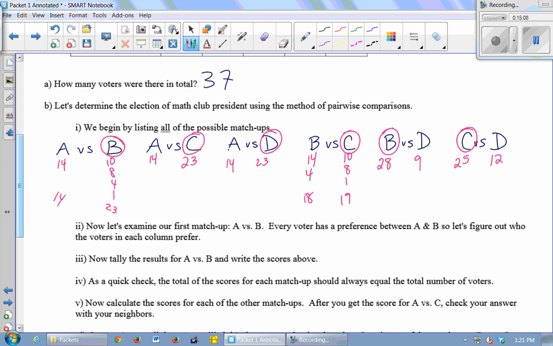And then to determine the winner of the election, it's just whoever won the most matchups. And if it's a tie, then you split the point. Like let's say B and D tied, let's just make it up, 10 to 10. Instead of giving 1 point to B or 1 point to D, you give half a point to each. So you would circle both of them for that matchup because they tied.